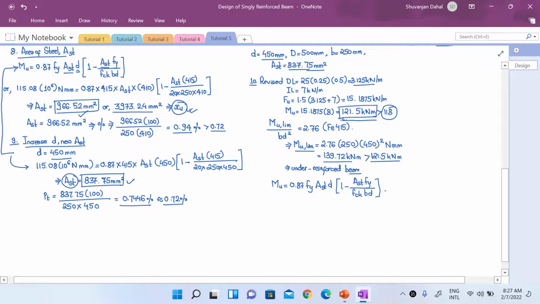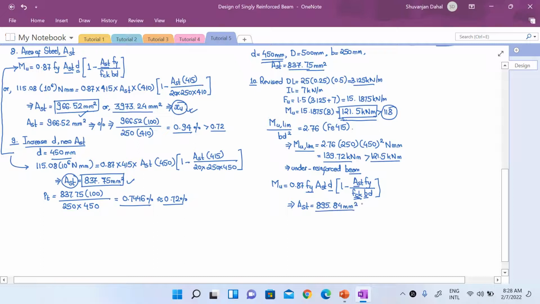Now perform the calculation in a similar manner. We have everything except Ast. fy is 415, d means now 450 mm, b is 250 mm, fck is 20. Then you get the value of Ast again as 895.84 millimeter square.